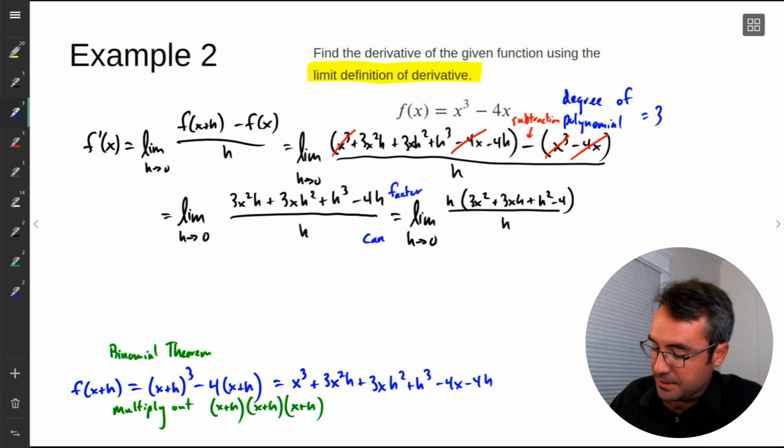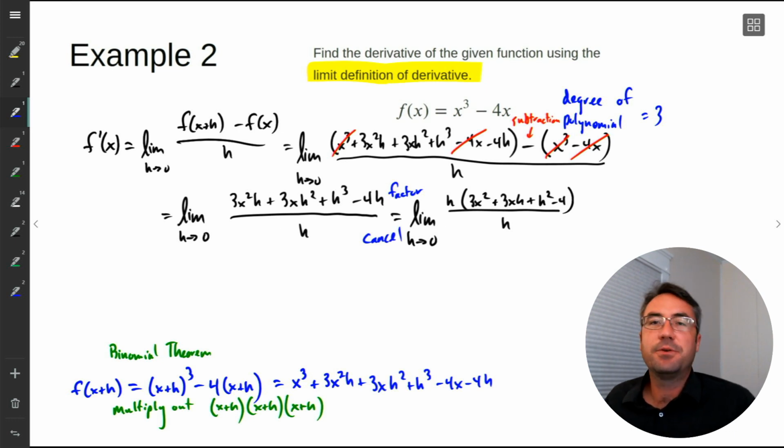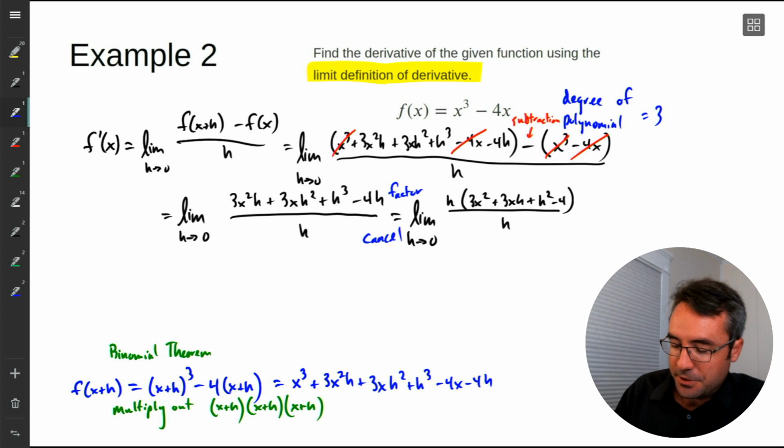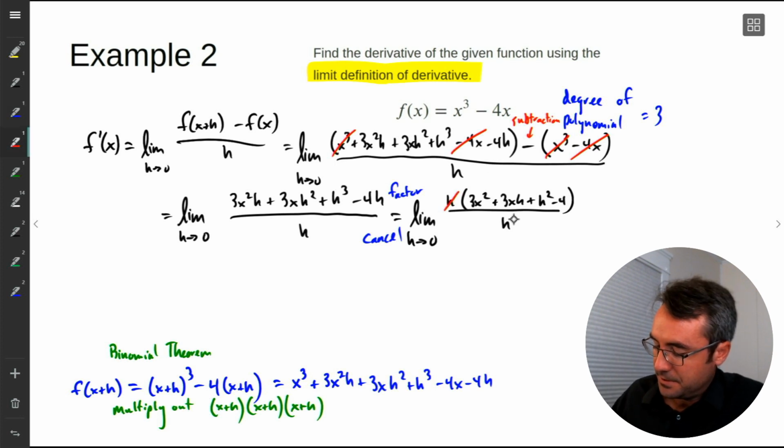And then we want to cancel. So why are we doing factoring and canceling? Well, with all of these limit definition derivative calculations, we end up with a 0 over 0 indeterminate form. So we're going to have to do some algebra to get us there. And it turns out factoring and canceling is the way to go for this one.